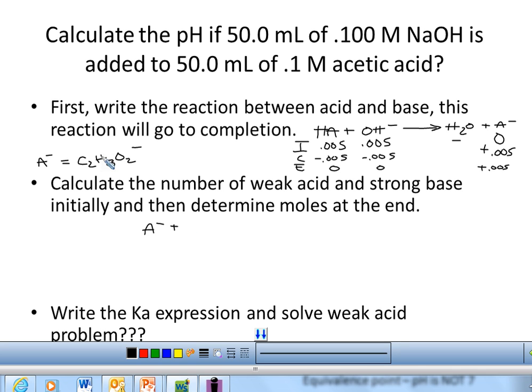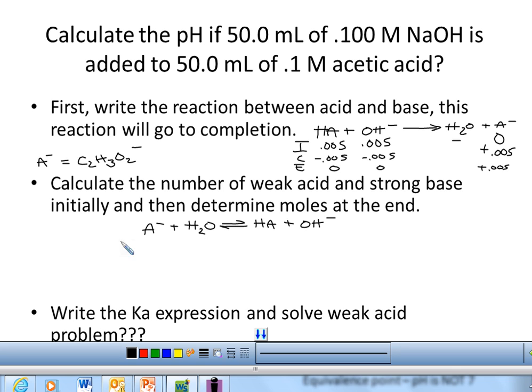That's what a weak acid is. It likes to have hydrogen with its anion, and so the A minus here, the acetate ion, will be in water, and it will find some hydrogens from that water to react with or take and form the weak acid, acetic acid, and leave hydroxides in the water.